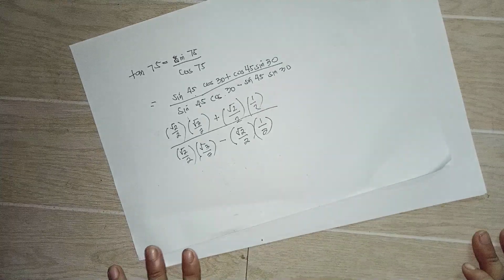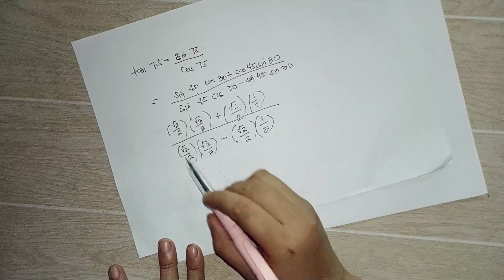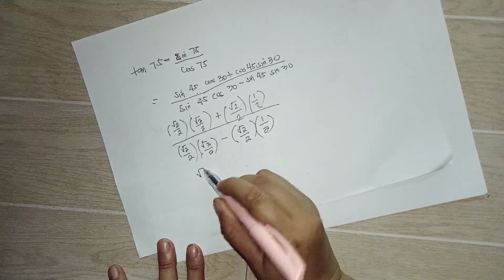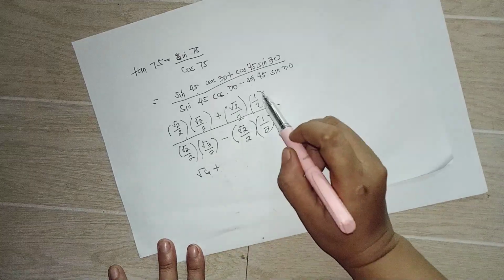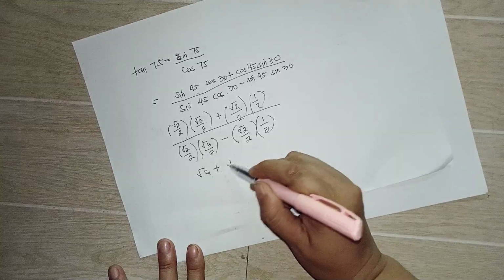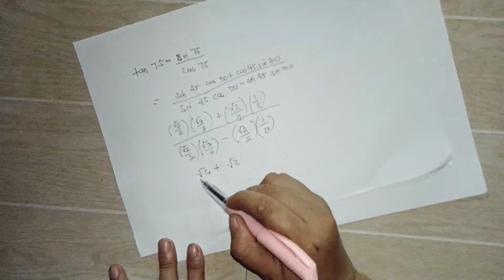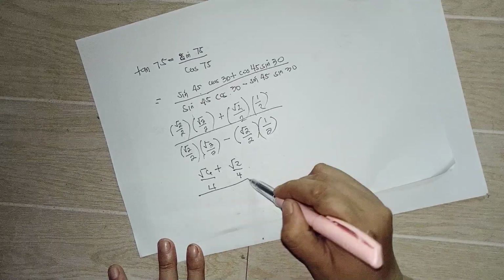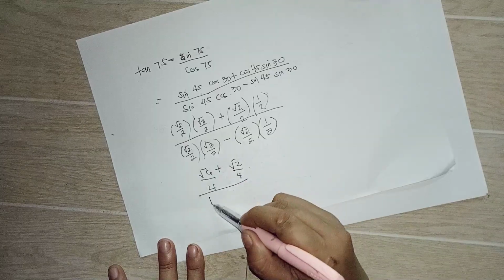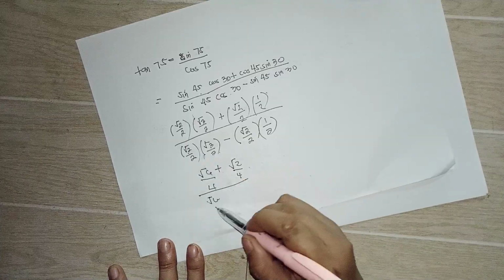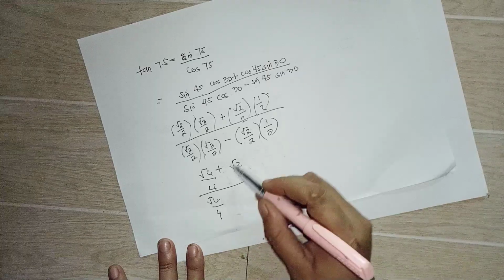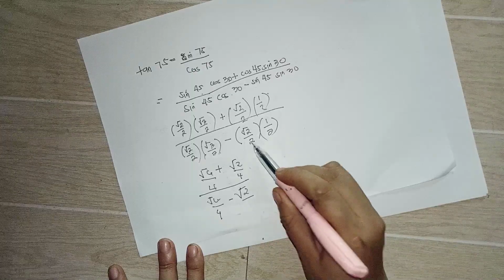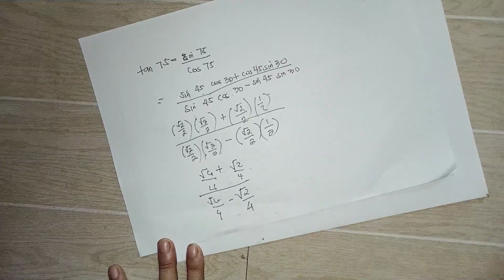So now we multiply: 2 times 3, that will be square root of 6, plus 2 times 1, square root of 2, all over 2 times 2, 4. Same for the denominator: square root of 6 minus square root of 2, all over 4.